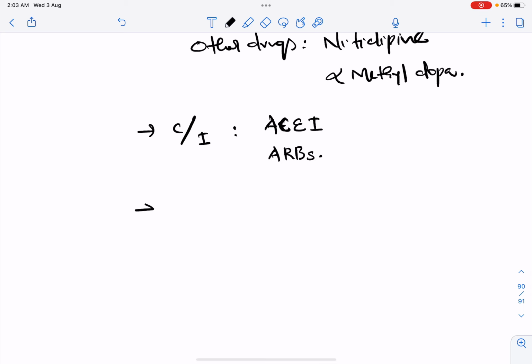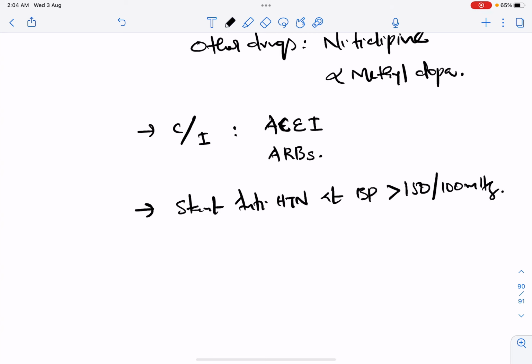And you have to start antihypertensives at BP more than 150/100 mmHg, okay.